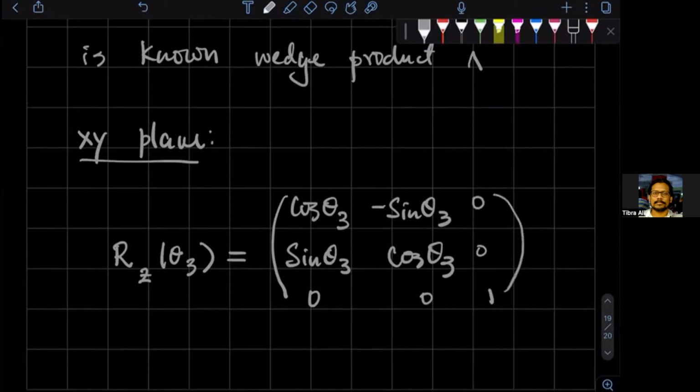Are you familiar with this at all? Is there anyone who is not familiar with this? I've seen it before. Okay, good.